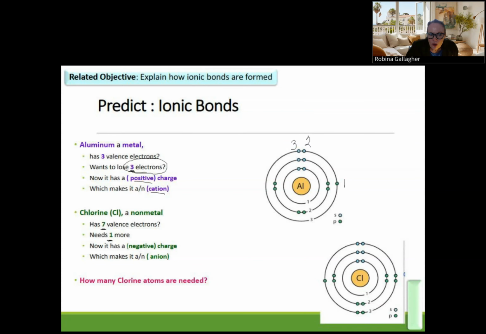So how many total chlorine atoms are needed in order to make this bond work? If aluminum has 3 electrons to give away, but chlorine can only pick up 1 electron, how many chlorines do you think we need total?